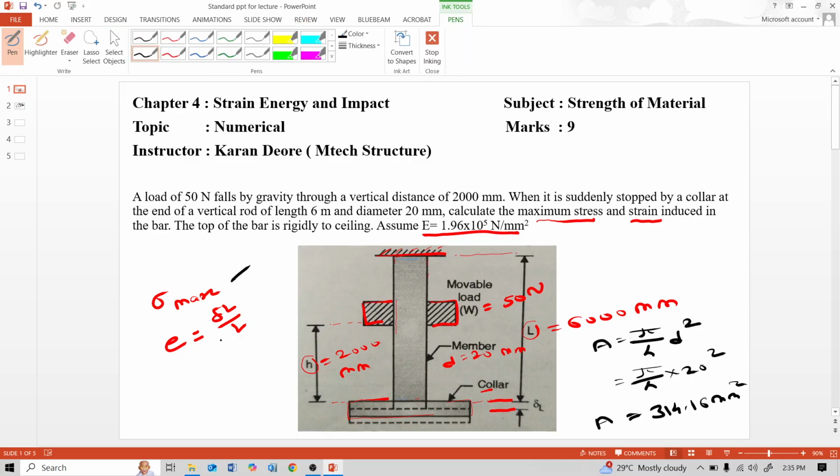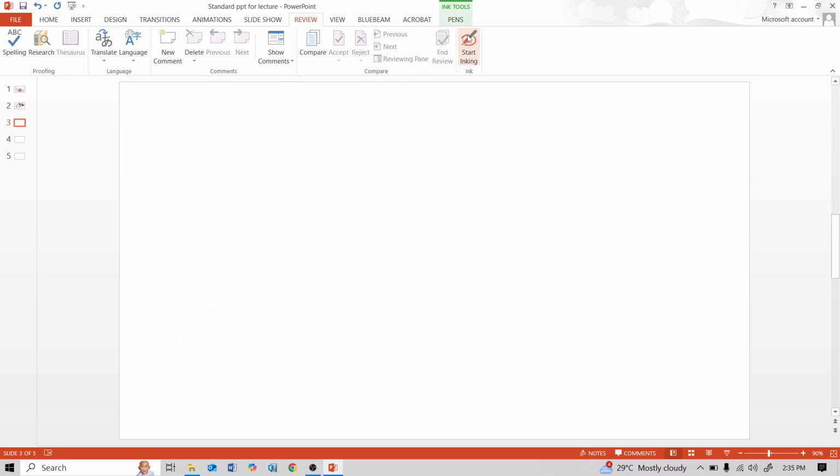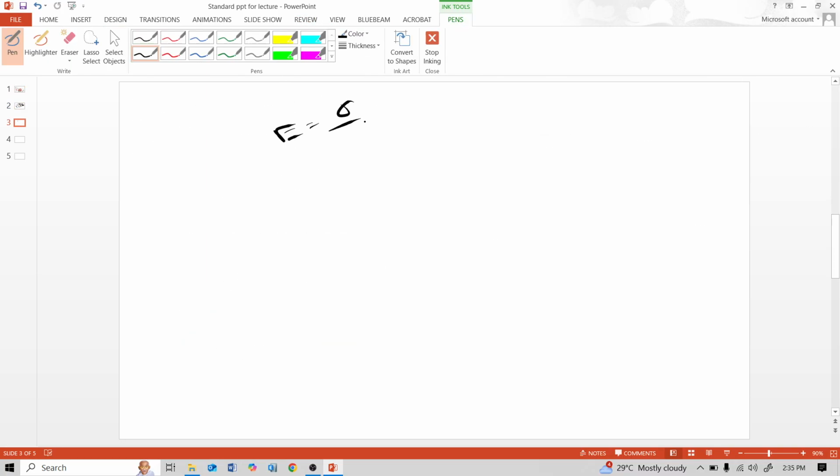Now next is strain induced in the bar. They don't give us change in length either. We have only L in the strain formula. Our modulus of elasticity is stress upon strain.